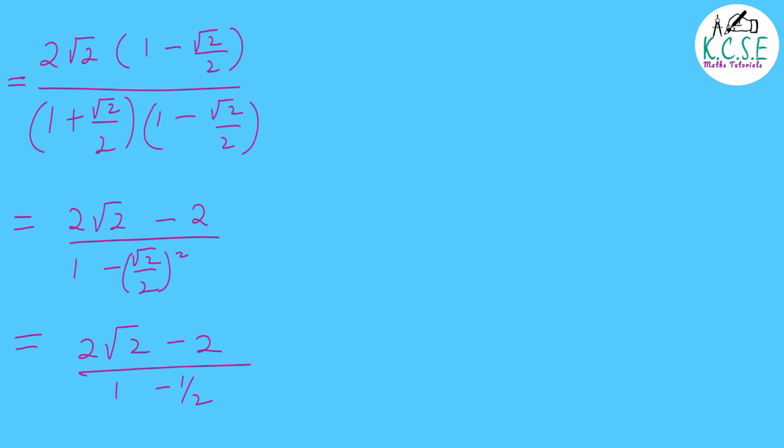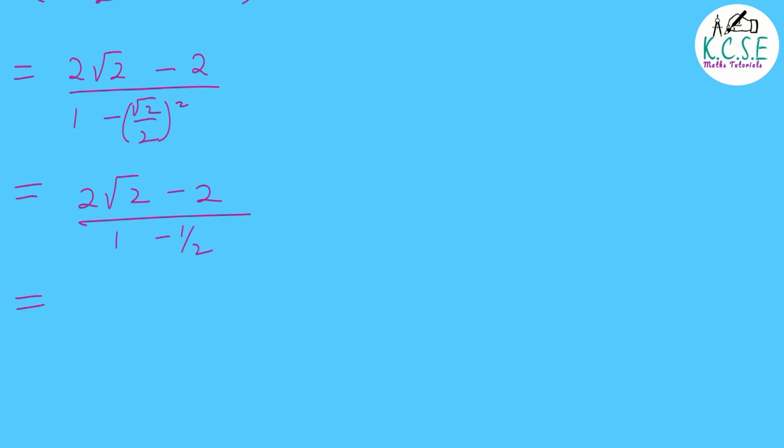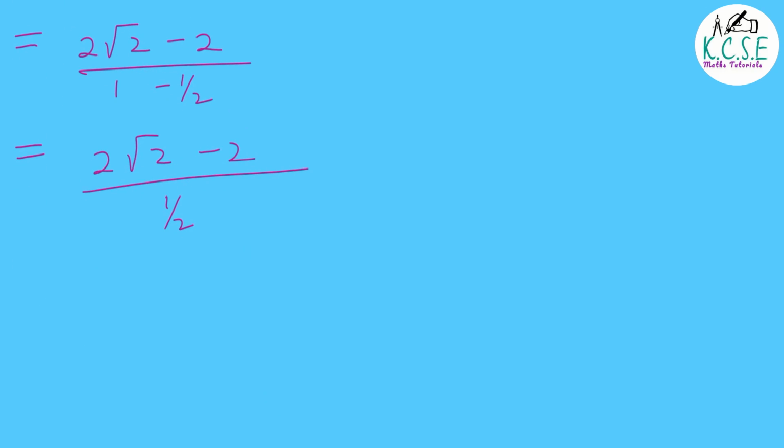Now after getting that, we can proceed and simplify this further. So 2 root 2 minus 2 divided by 1 minus a half will give a half. So we divide everything by a half.